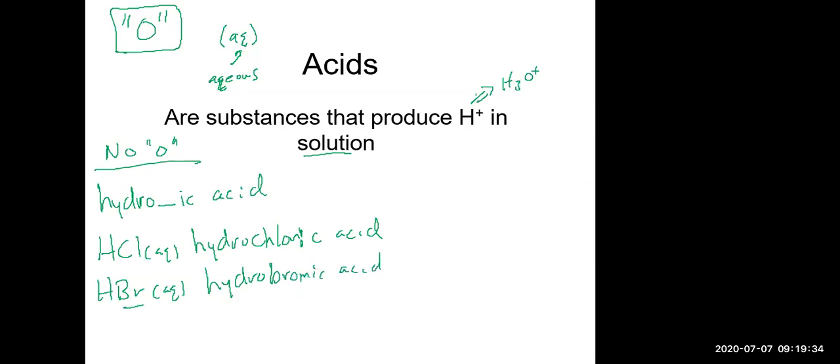So hydro, the anion being second. And again, it's that aqueous symbol here that distinguishes it between if you had just, say, HCl that was a gas. HCl that was a gas is basically H plus and Cl minus. And this would be hydrogen chloride.